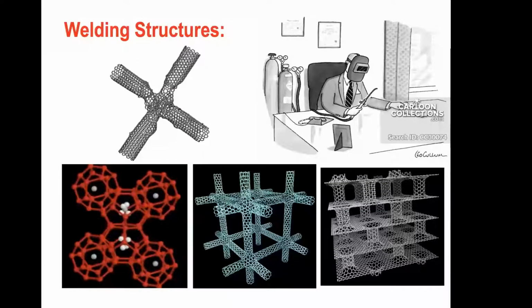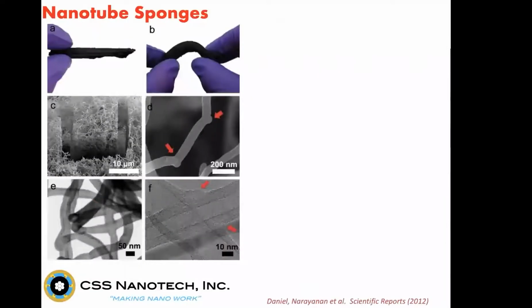We all know what welding is; we see how metallic things get welded. Can we do the same? Like the atoms, the ball-like structures I showed you, can we weld them together? Or tubular structures, can we weld them together to make larger forms? And we found that, yes, in principle we can do that kind of welding.